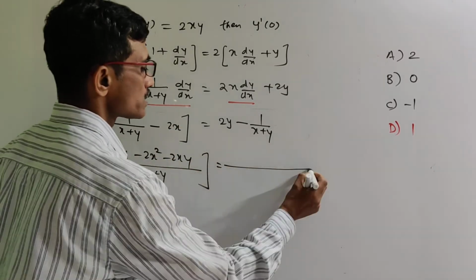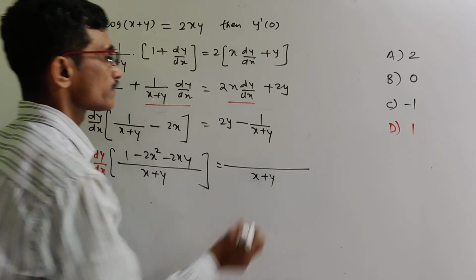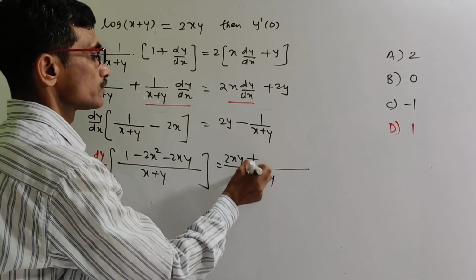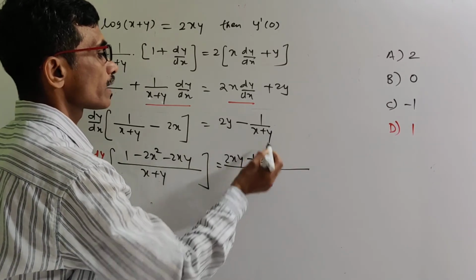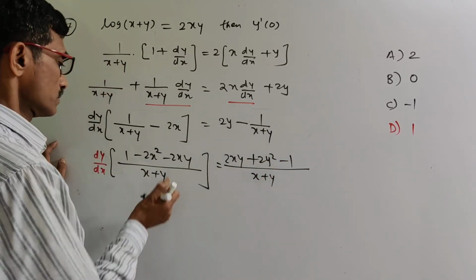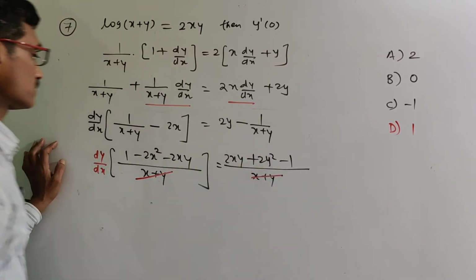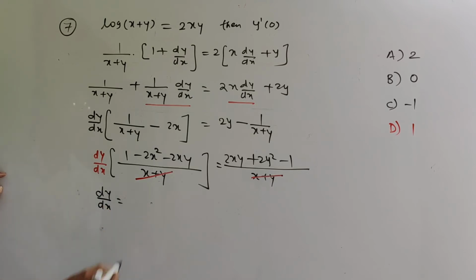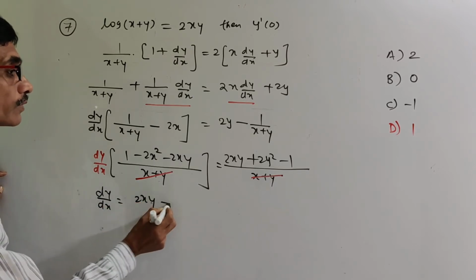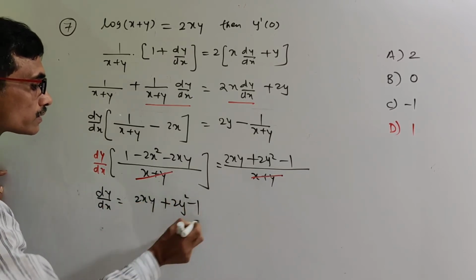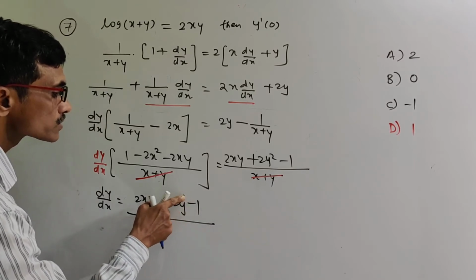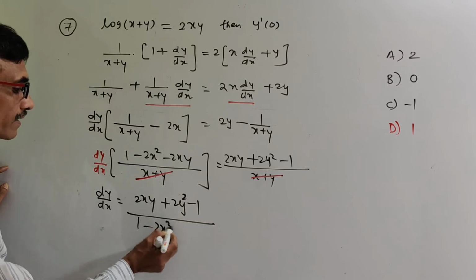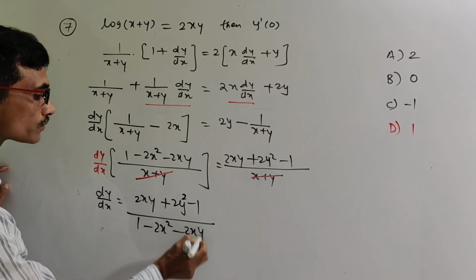Here also LCM of the denominator is x plus y, and the right hand side is 2xy plus 2y square minus 1. x plus y is getting cancelled, so dy by dx is equal to 2xy plus 2y square minus 1 upon 1 minus 2x square minus 2xy.